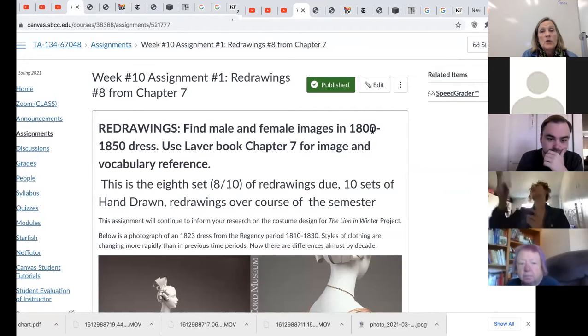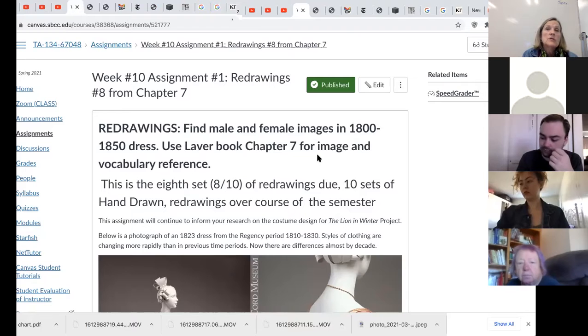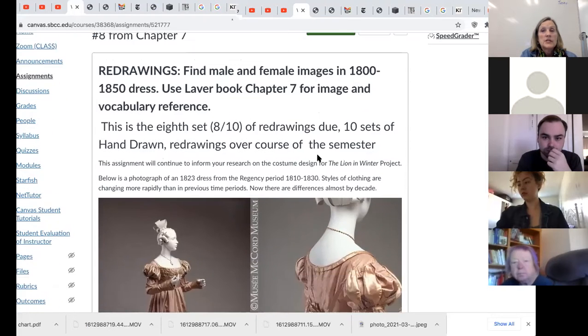But now by the time we get to 1800, we're in 50-year increments. And there's even changes within that 50 years. So 1800 to 1810, 1790 to 1810 is really a sort of a little snippet. 1810 to 1830 is a snippet. And then as we move towards 1850, we're getting more into another period. So you want to pay careful attention to that.